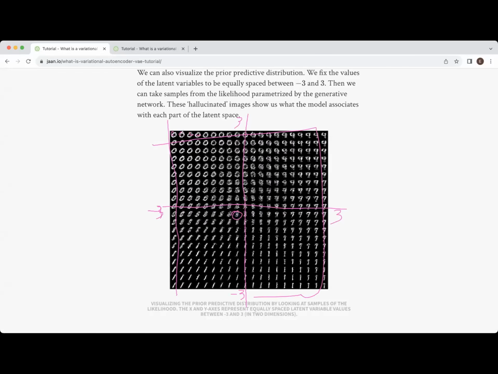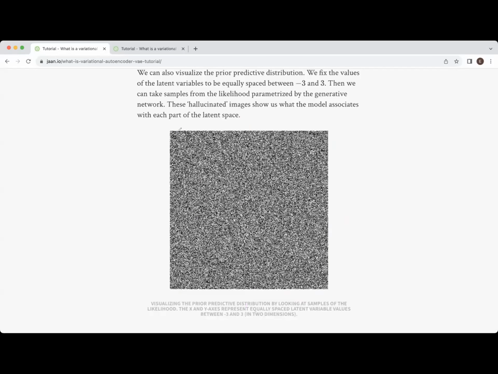They sampled the Z's from this space and visualized every single one of them. As you train your VAE, the visualization quality becomes better and better, because in the beginning it wasn't learning anything, so it's just pure noise, like here.